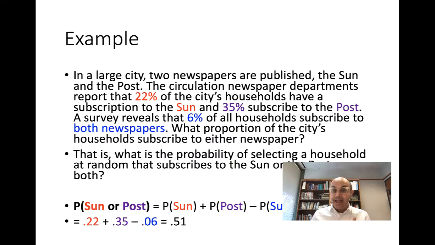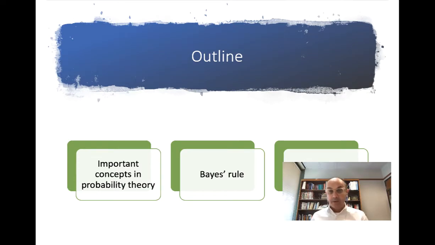Here the idea of mutually exclusive comes into play. We have subscription to the Sun or the Post, and the probability of the Sun plus the probability of the Post minus the probability of the Sun and the Post will give us 0.51, based on the formula that we covered.